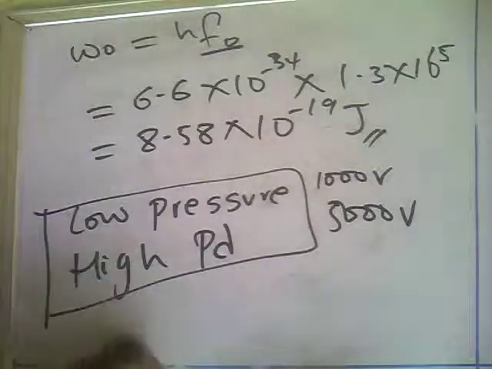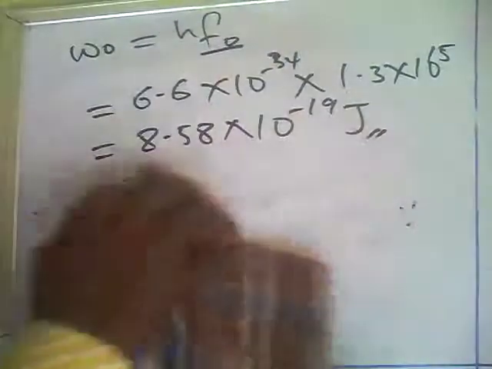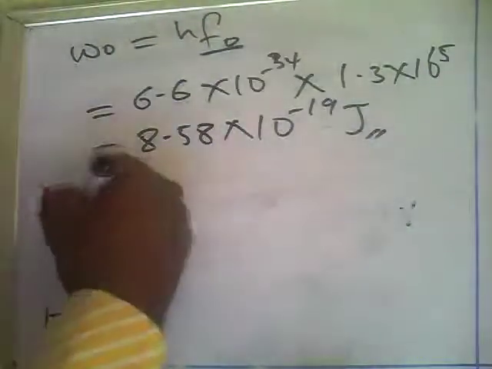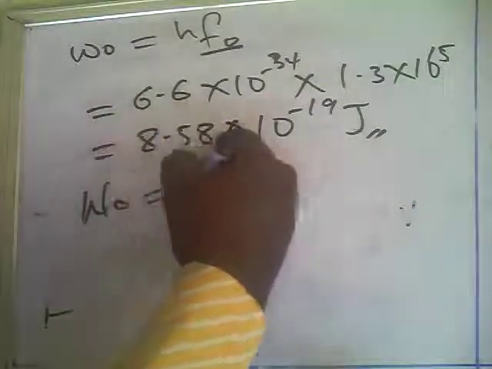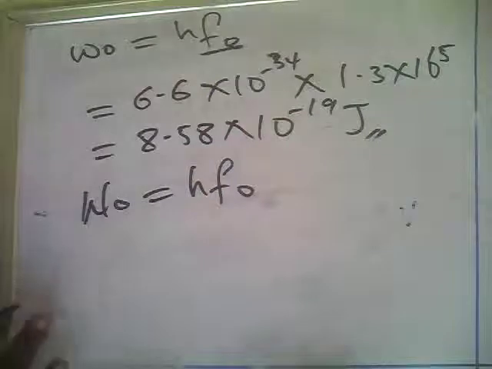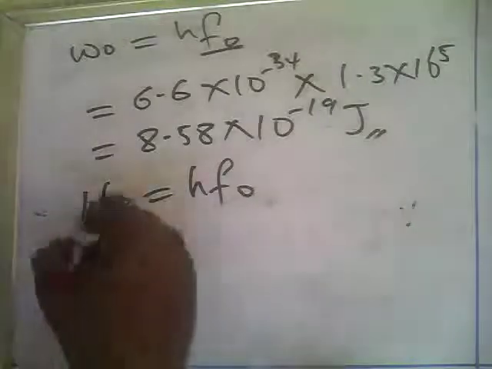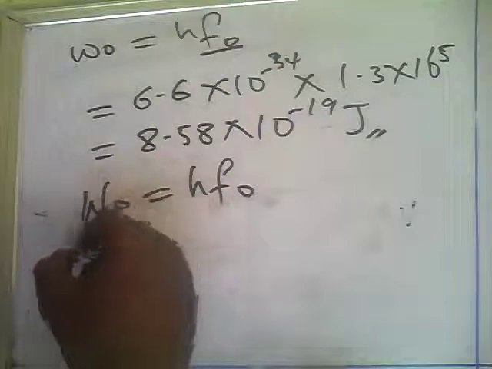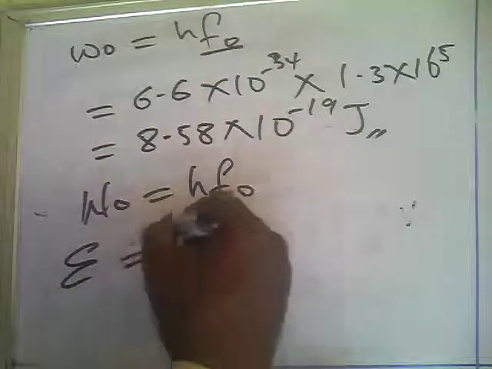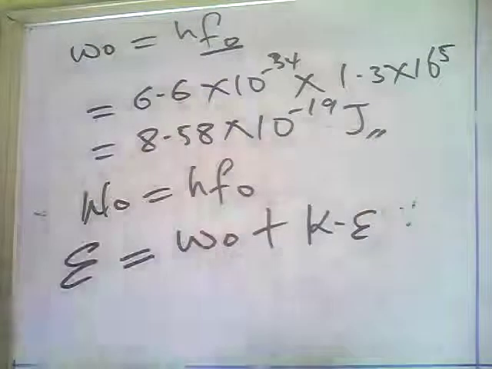Once again, I want you to know that the work function, which is the binding energy, is equal to hf0. For an electron to be liberated by an incident light from a metal and have kinetic energy, the energy supplied by the light must be equal to the work function plus the energy required for kinetic energy.